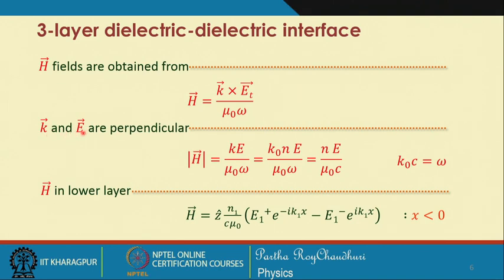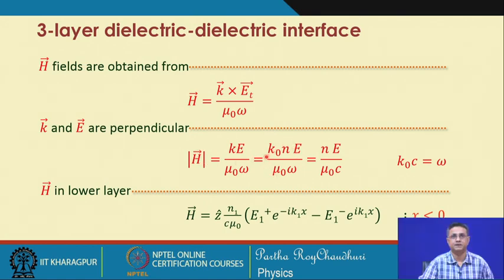Now, since k and E are perpendicular to each other, we can write that k cross E is simply the product k into E, and so the magnitude of H will be represented by k naught n E by mu naught omega. Using k naught c equal to omega, we can simplify this magnitude of the magnetic field in terms of the electric field magnitude as n by mu naught c times E.